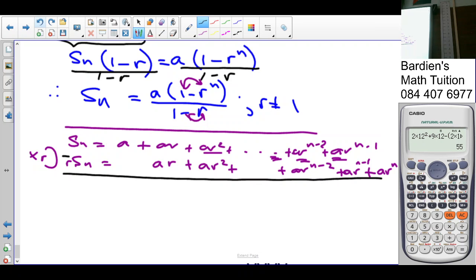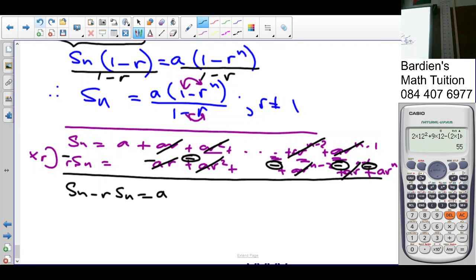So change the sign here, multiply it throughout by negative. So Sn minus rSn. It's unlike terms, so it's Sn minus rSn. Ar cancels ar, so I'm just left with that a there. Ar squared minus ar squared. Ar^(n-1) cancels ar^(n-1).